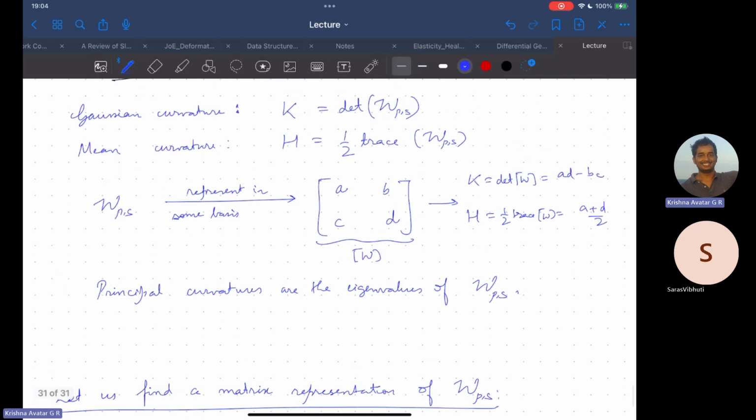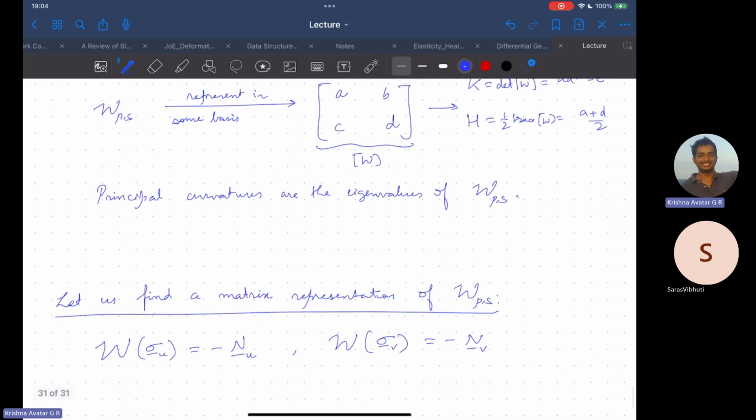Right. So we understood Gauss, mean, and principal curvatures. What we can say is, if the principal curvatures are kappa_1 and kappa_2, then the Gaussian curvature K is equal to the product, because the determinant of a matrix is equal to the product of eigenvalues.